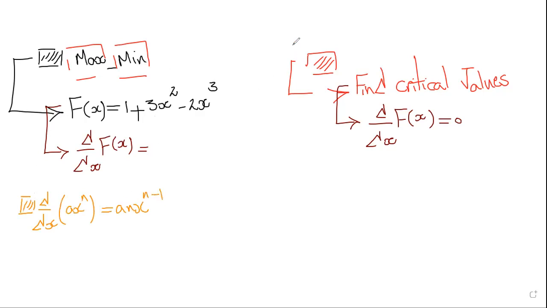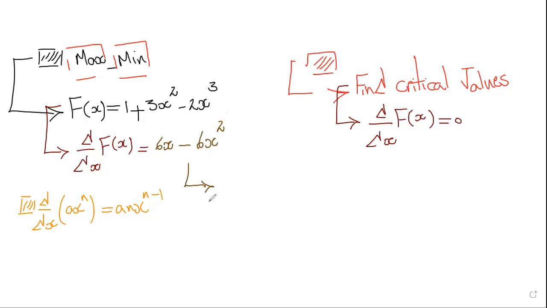Then the derivative of 1 becomes 0, 3 times 2 gives 6x, and minus 2 times 3 becomes 6, x to the power 2. Then you find the first derivative of this function represented like this.